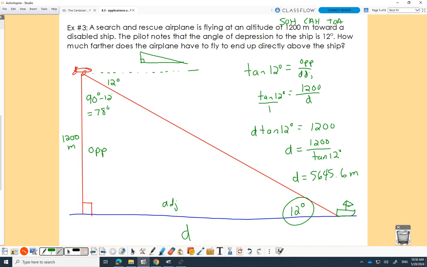Why is the plane trying to figure out the distance unless it's trying to block the ship? It's going to fly over here. It's going to drop a nice ladder down to help out the passengers. You're right, there are bombing applications here. I think that's the only application. No, you could go over there and drop search and rescue. Yeah, we'd need a helicopter, wouldn't we? You're going to drop emergency supplies on them.